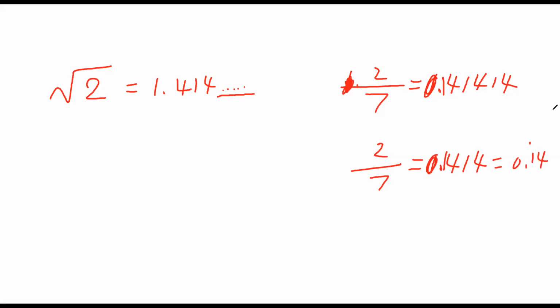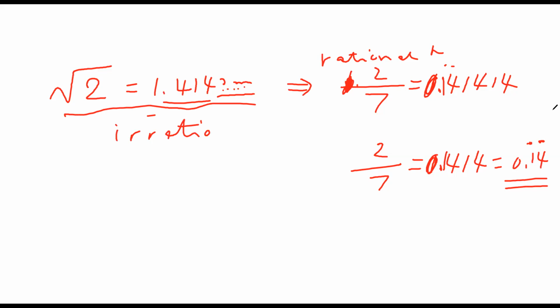This can continue to repeat. But this one is not. Here is not a repeat pattern. So this is a rational number, this kind of number. This one is irrational.